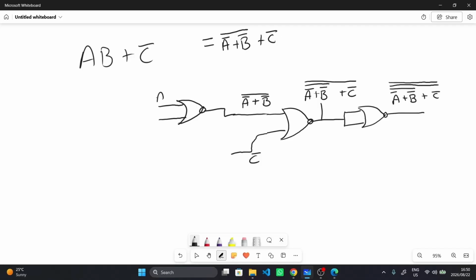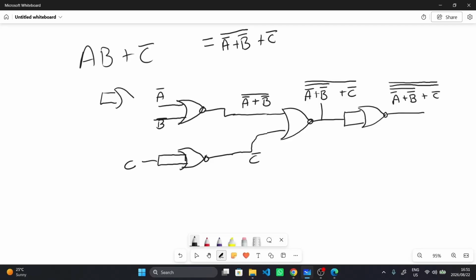Then you will have your two inputs A naught, B naught. Then you will have your NOR gate here again. Then you have your C input.